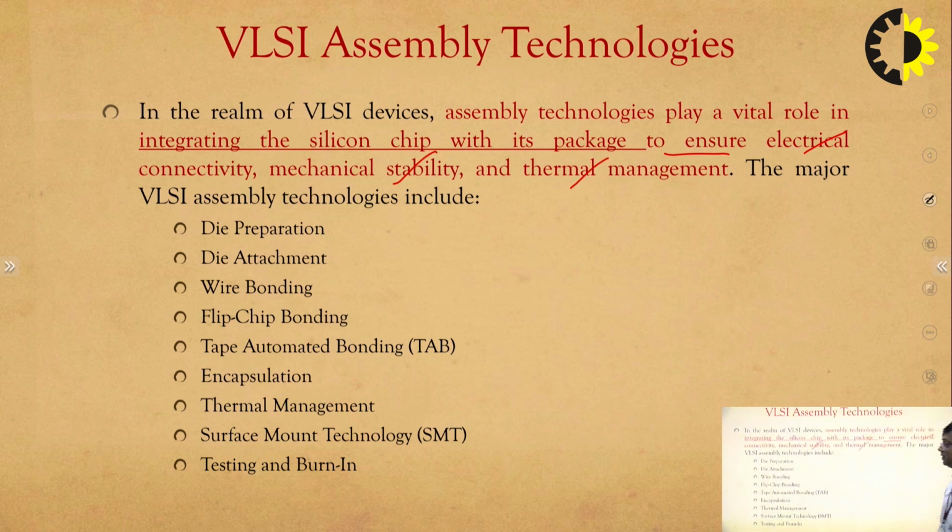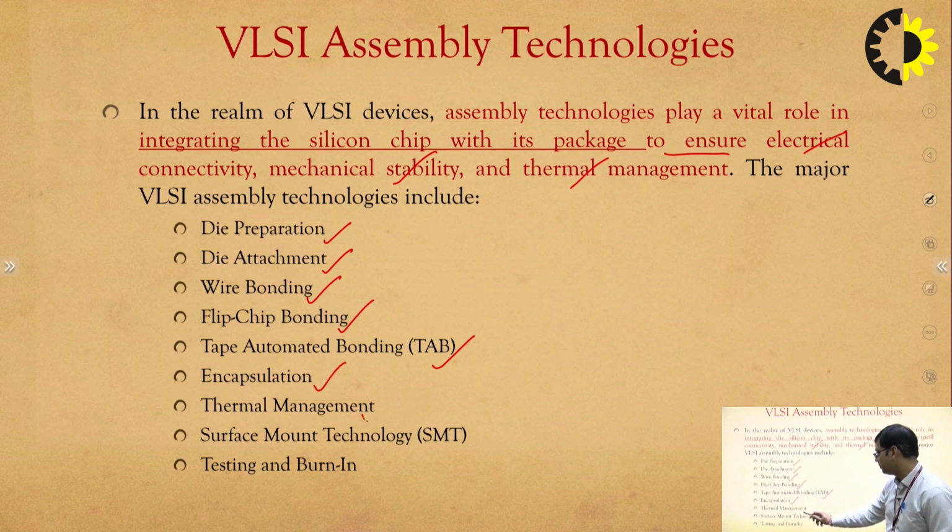The major assembly technologies include die preparation, die attachment, wire bonding, flip chip bonding, tape automated bonding, encapsulation, thermal management, surface mount technology, testing and burn-in. So, these are some important assembly technologies that need to be considered.